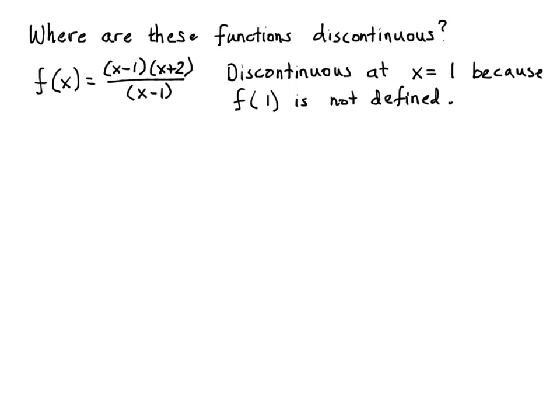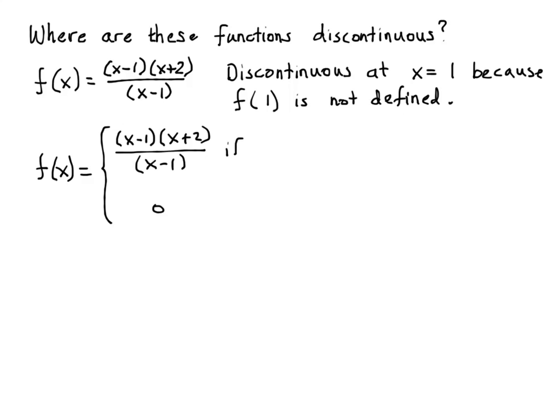All right, let's look at another function now. Let's say I define a point so that f at 1 equals 0. Now I have a function that has a definition over all real numbers; f has a value. Do we have a continuous function at this point?